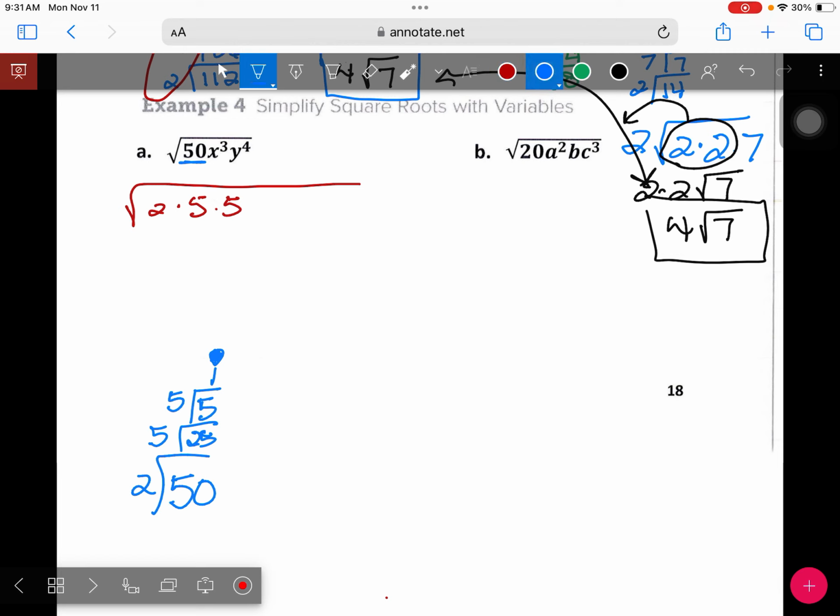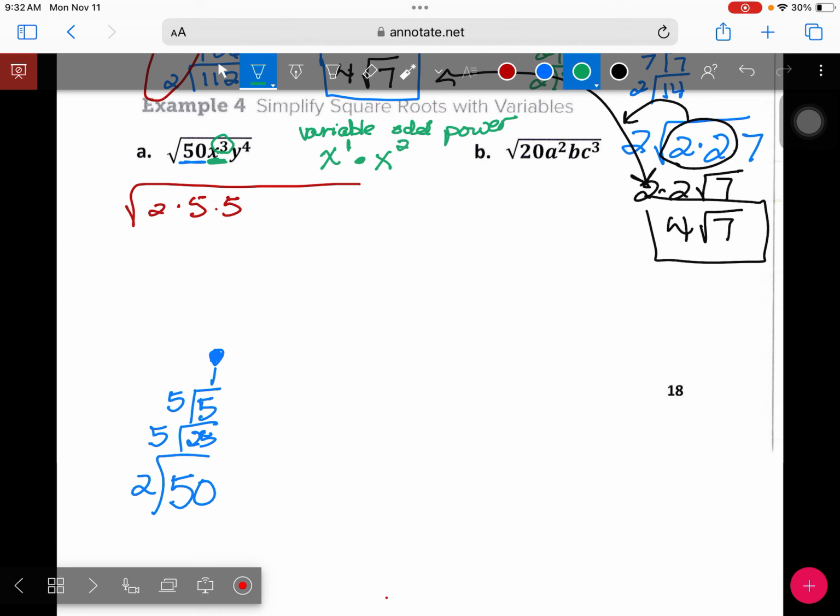If you have a variable taken to an odd power, I want you to separate it into whatever that variable is to the first power times whatever that variable is to the whole number, in this case 3 minus 1, which gives you 2.